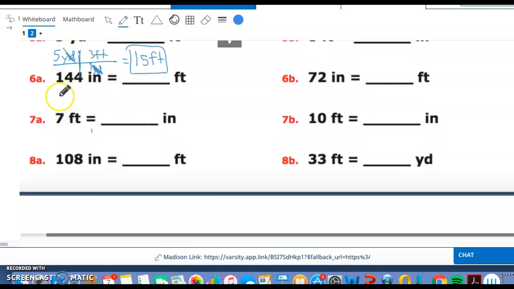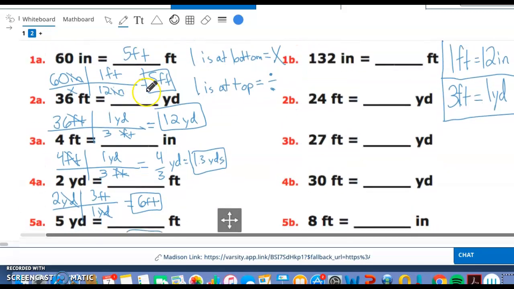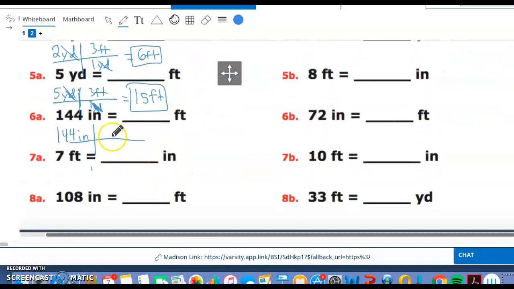Next, 144 inches into feet. 12 inches equals 1 foot. The inches cross out diagonally, so that's going to be 12 feet.